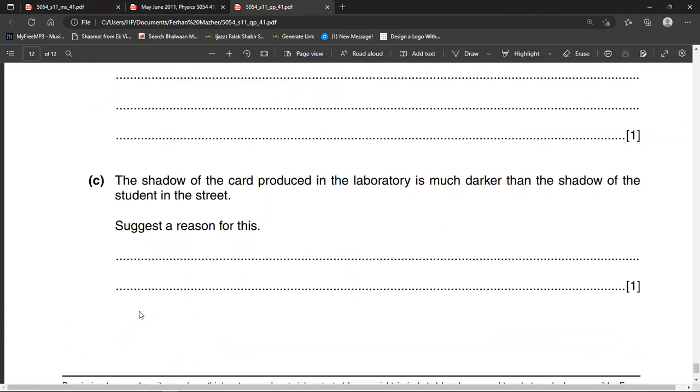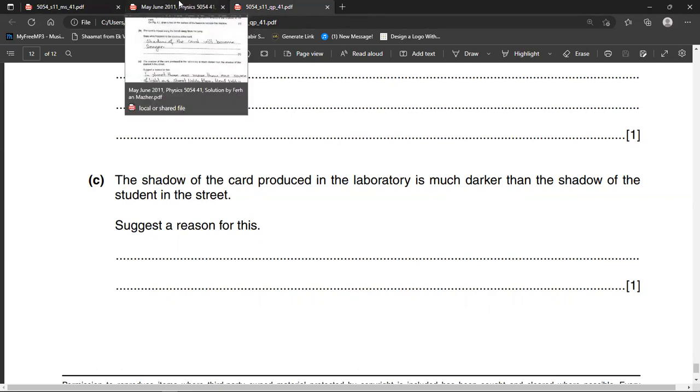Part C: the shadow of the card produced in the laboratory is much darker than the shadow of the student in the street. You see, in the laboratory, it's a controlled environment and you have switched off all the lights, only the lamp on the stand is lit. But in the street, there will be many other sources of light other than your own lamp.